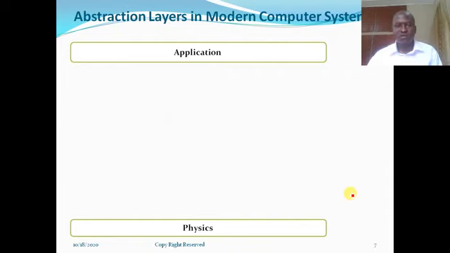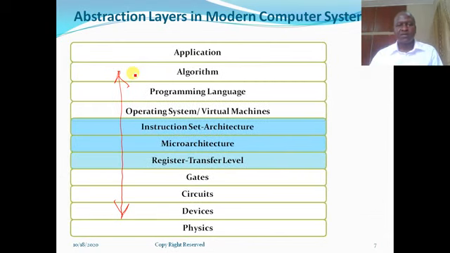And of course, the aim of the computer architect is to design a set of abstraction layers that helps the would-be computer user execute the information processing easily and efficiently. And in this next slide, we shall see all the different layers that help in carrying out the information processing efficiently in computer architecture.